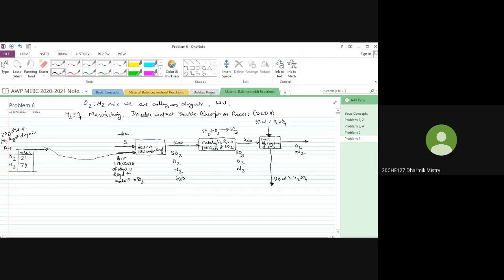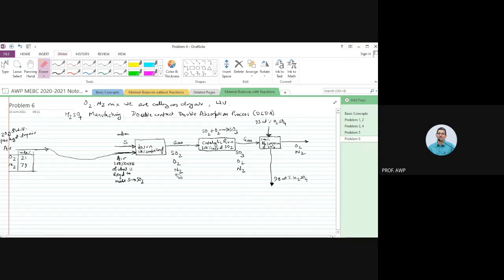Yes, sir. So this water now is a problem because the catalyst will get deactivated. Vanadium pentoxide will react with water and all kinds of things will happen. You will have to replace the catalyst in no time. So this water vapor is not to be allowed in this stream.